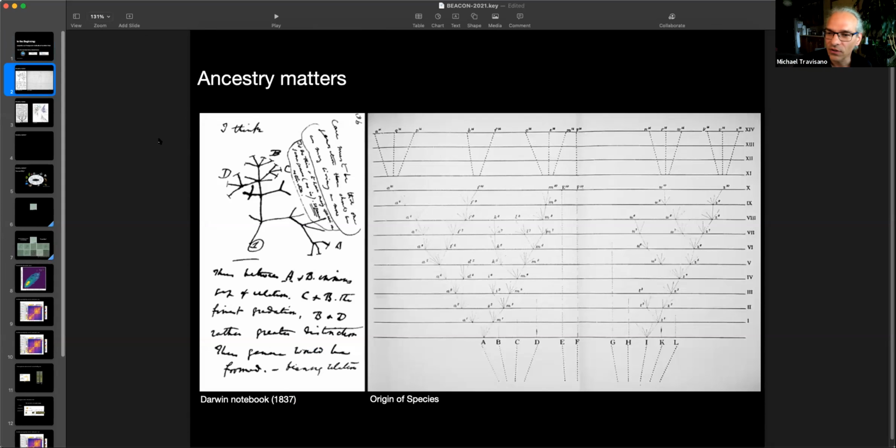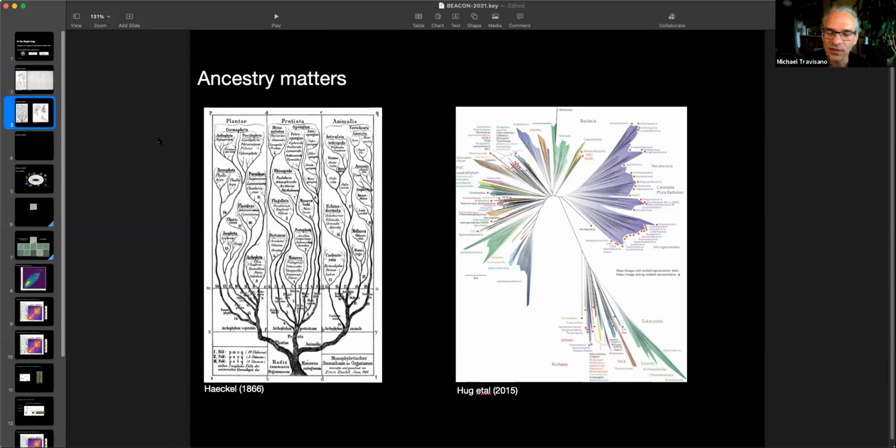So according to Darwin and a whole bunch of other people, ancestry matters. Common ancestry is this important thing. Darwin's famous notebook drawing, the only illustration in the Origin of Species, shows how important ancestry is, presumably for understanding diversity and maybe for evolution itself. A lot of people picked up on this.